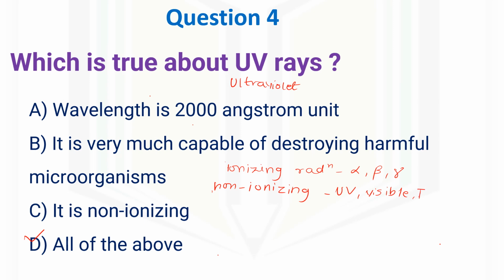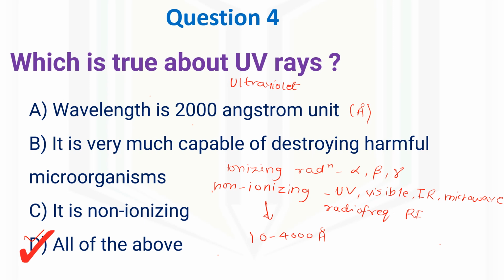Then IR, the infrared, then microwave radiations, and the last one is radio frequency, which is RF. So these are non-ionizing radiations, and they are in the range of 10 to 4000 Angstrom units. Angstrom is written like this, Angstrom unit.